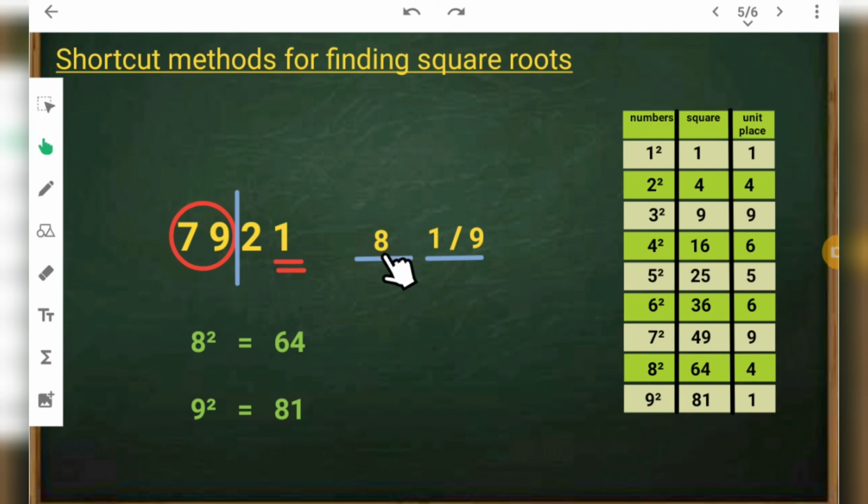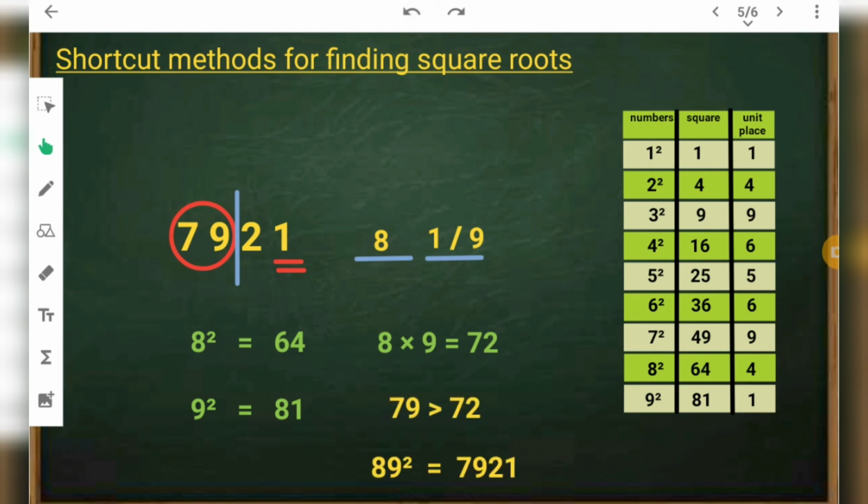The successor of 8 is 9. 8 nines are 72. And this 72 is smaller than 79. Or else you can say 79 is greater than 72. So which number do I have to choose? The greater value. That is 9. So 89 square is equal to 7921.